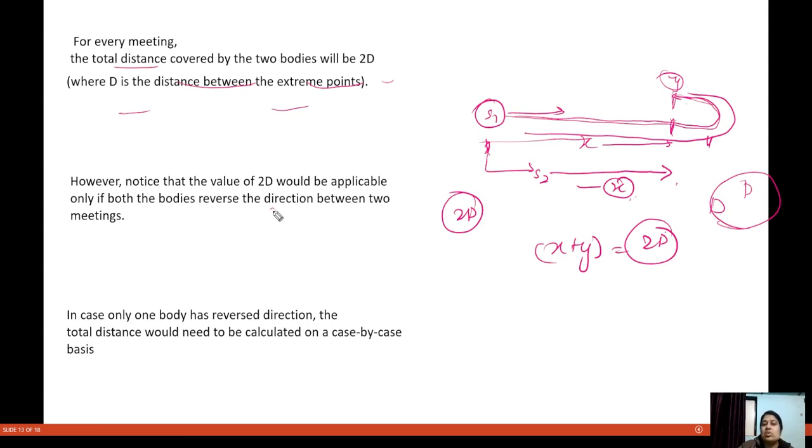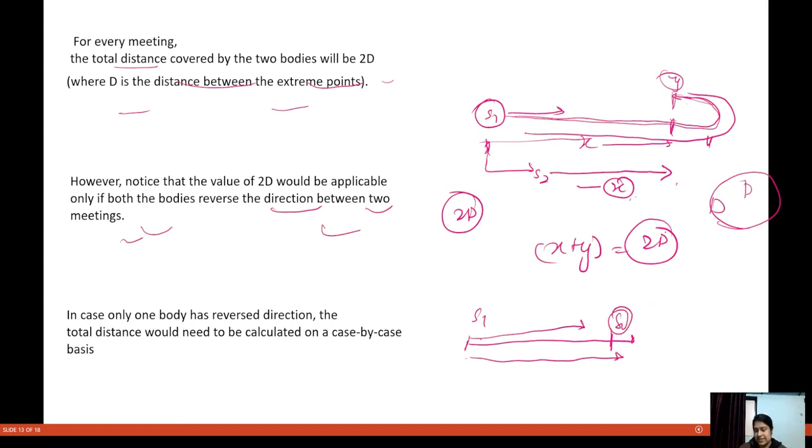Now see, this 2d distance would be applicable only if both the bodies reverse the direction between two meetings. For example, let us say we have this s1, and somewhere we are meeting here, without changing the direction.